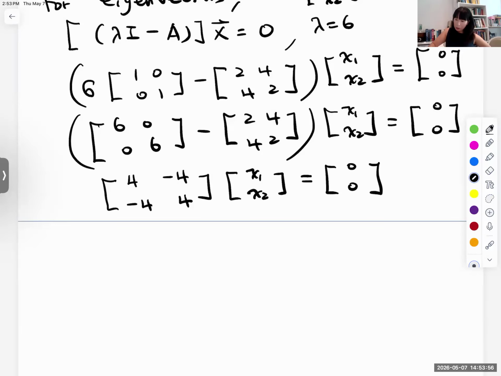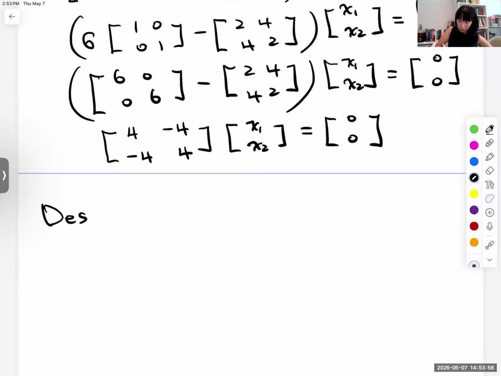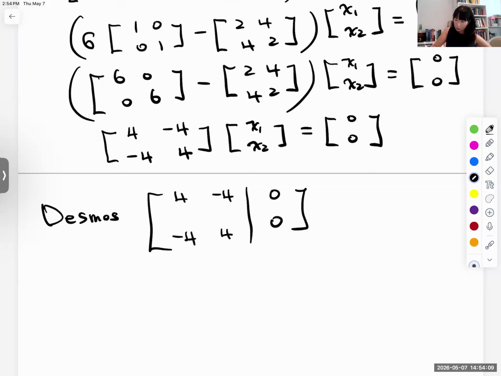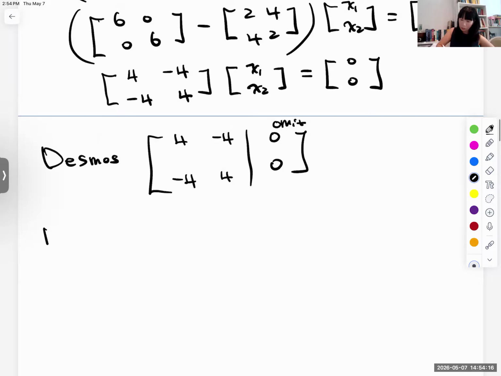All right, so let us do decimals. So we are using 4, negative 4, negative 4, positive 4, and 0, 0. We can omit this one in decimals. All right, then reduce to row echelon form.